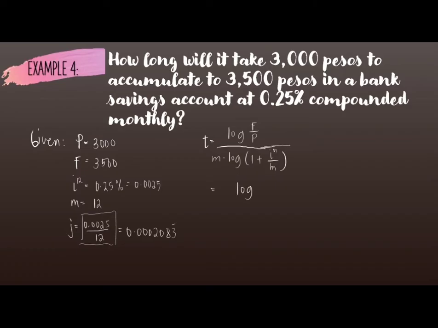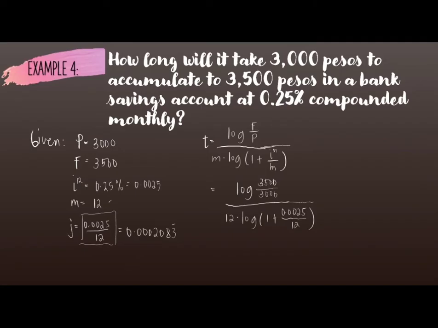So, logarithm of F. Ang F is 3,500 over 3,000. All over, yung given m is 12. So, 12 times logarithm of 1 plus yung annual rate natin, 0.0025 over 12.